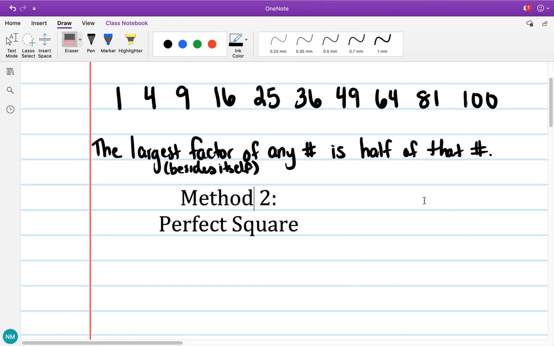Or let's look at a smaller number. If we look at like 8, right? The factors of 8 are 1 and 8 multiplied to 8, and then 2 and 4. So the biggest factor is 8 itself, but the second biggest factor is half of 8, which is 4. That is true about any number, even odd numbers, right? So if I have like 9, I have 1 and then 9 and then 3 and 3.